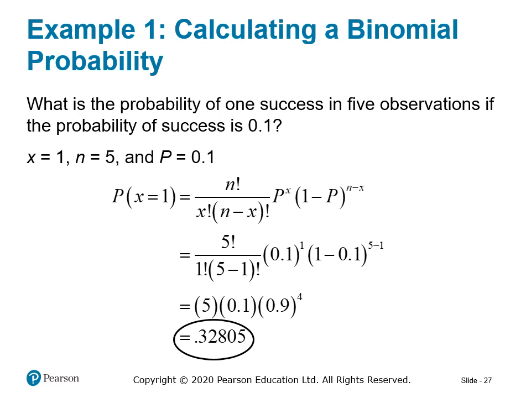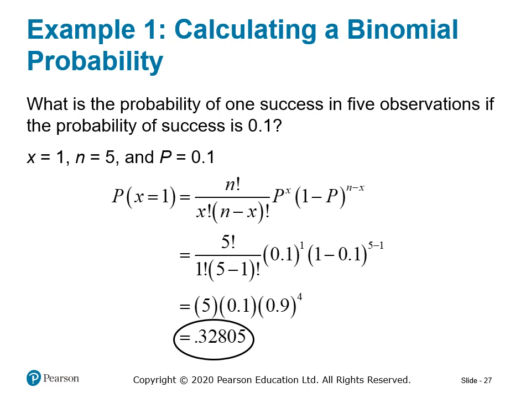So in this case, x equals 1, I'm going to have one success. I had 5 trials, 5 observations, so n is 5, and the probability is 0.1. That's given. So p is 0.1, 1 minus p is 0.9, n is 5, and x is 1.